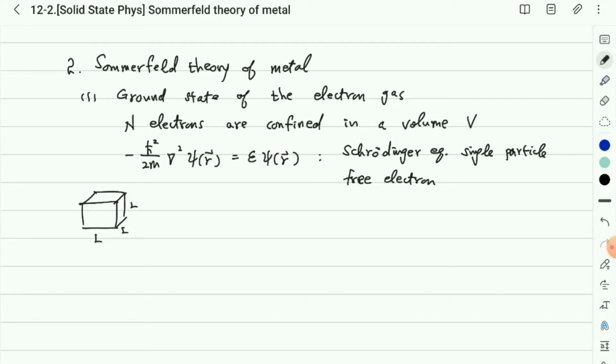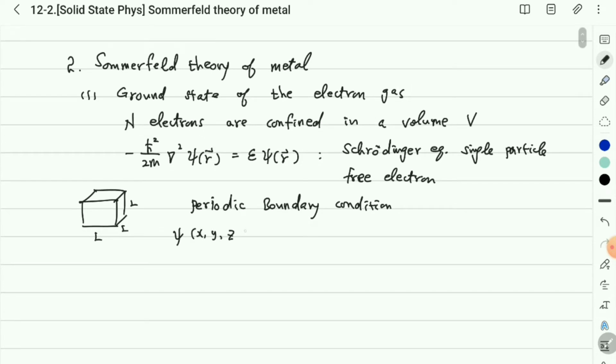Therefore, in a cube box, we can apply the periodic boundary condition. The periodic boundary condition is that psi(x, y, z+L) equals psi(x, y, z), equals psi(x, y+L, z), and equals psi(x+L, y, z).